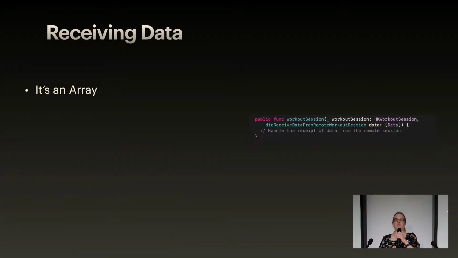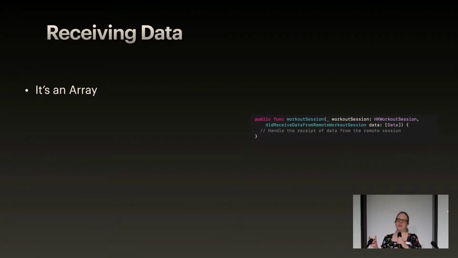Receiving of the data. Here's where it gets a bit fun because it's an array. Now, I went on about timeliness of data before, and if this was just an instance of data, we would know that it's discretely sending each thing through to the different device. But it's not.